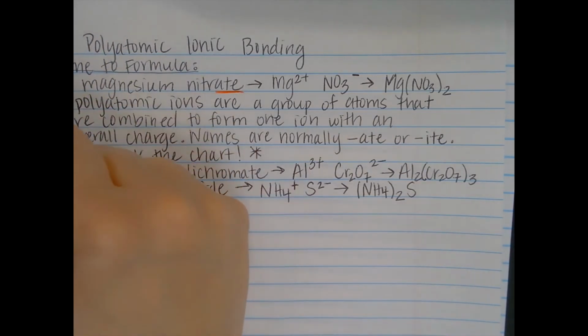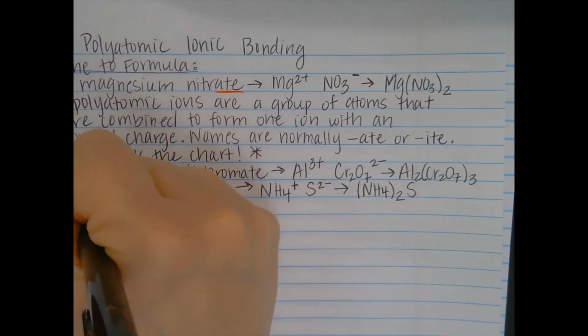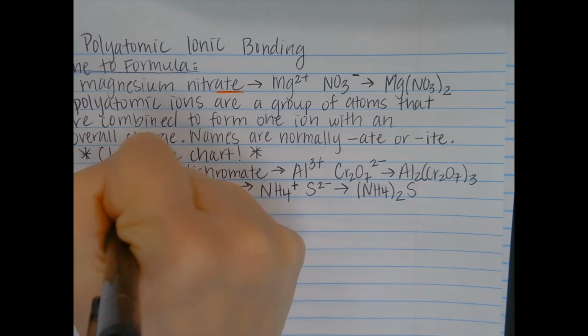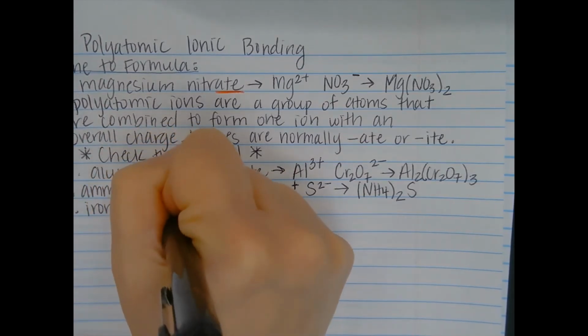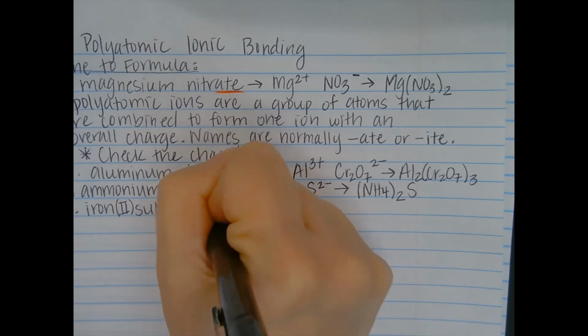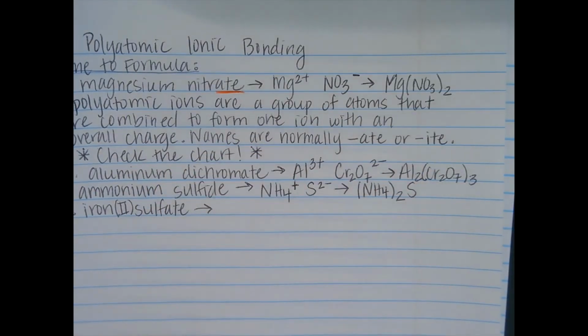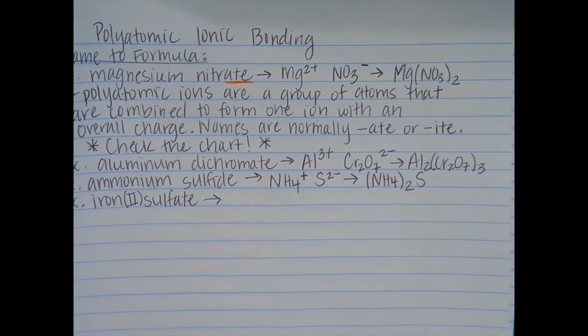Let's do one more. We've got to throw in a transition metal here. Okay, take a second and see if you can work this one out. See how far you get. Iron(II) sulfate.